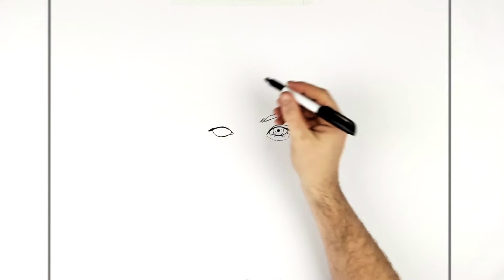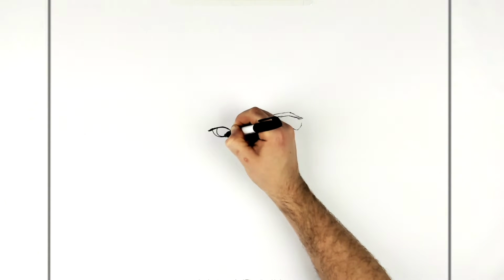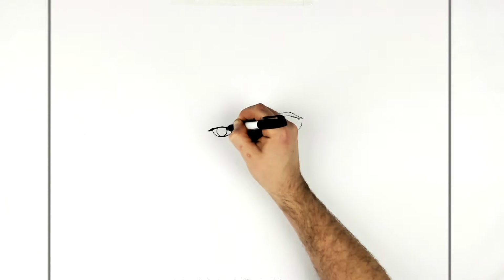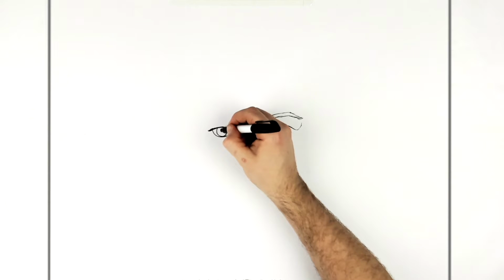Right, and then our iris, again, this sort of circular line like that, and then pupil in the middle. As best you can.